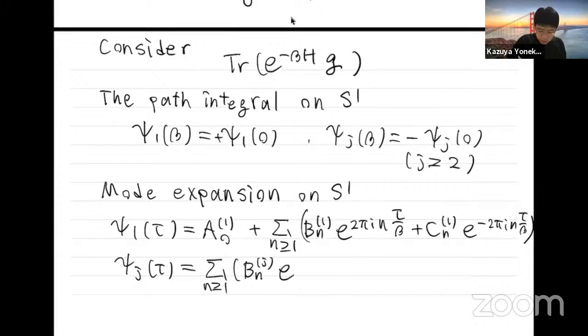So the Fourier modes are described by 2 pi i (n minus 1/2), so we get the half-integer Fourier modes.